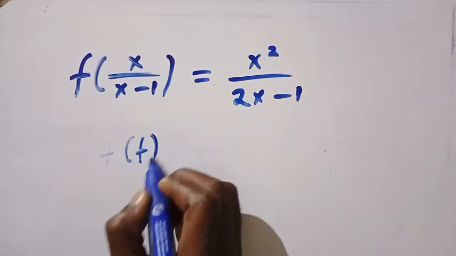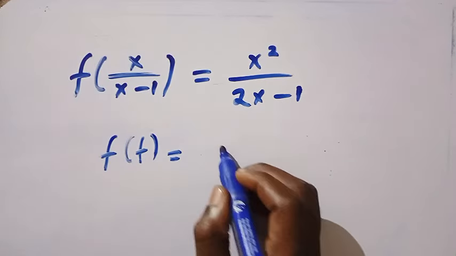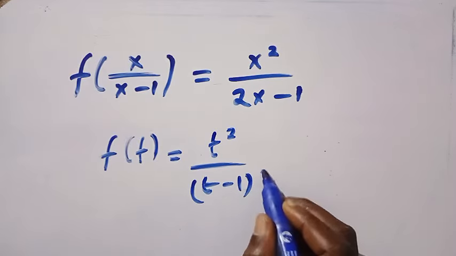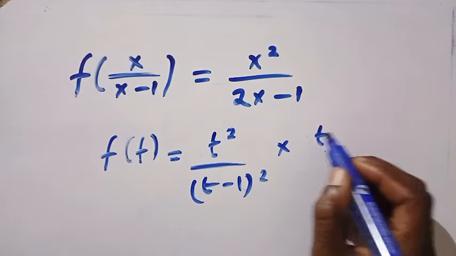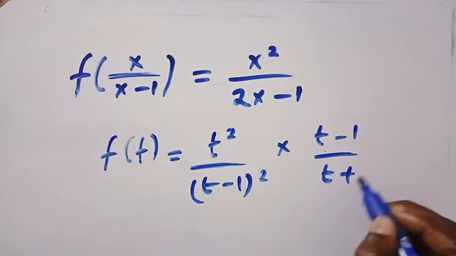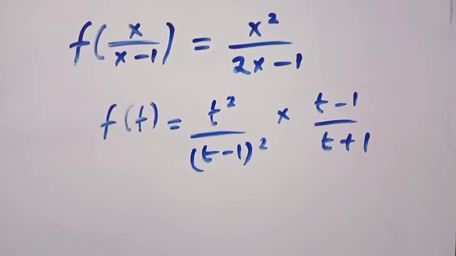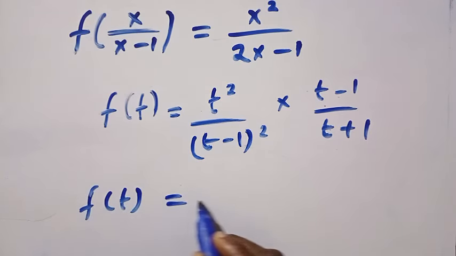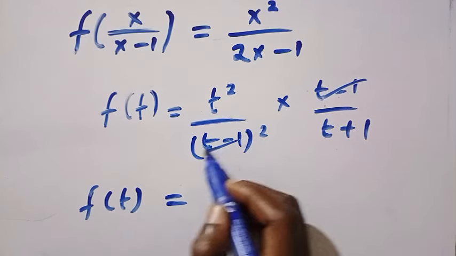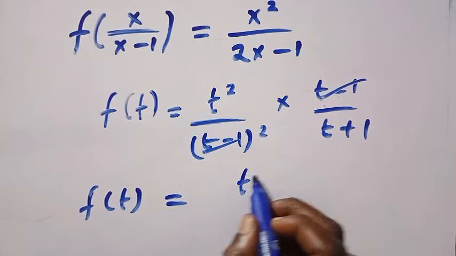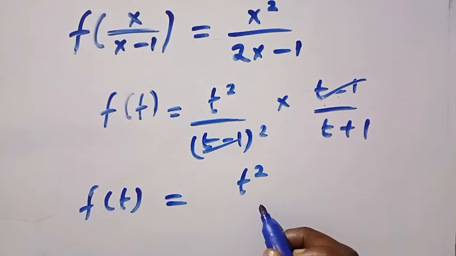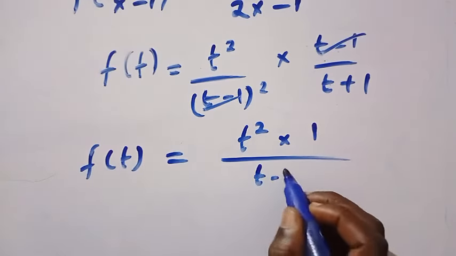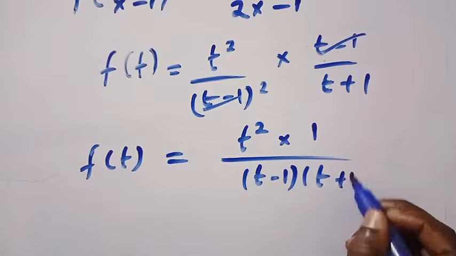We have f of t equals t squared over t minus 1 squared, then we multiply by t minus 1 over t plus 1. We take the reciprocal of this, that is flipping. We have f of t equals: one t minus 1 cancels one of the t minus 1 factors, and we have t squared multiplied by 1 over, this remains t minus 1 multiplied by t plus 1.